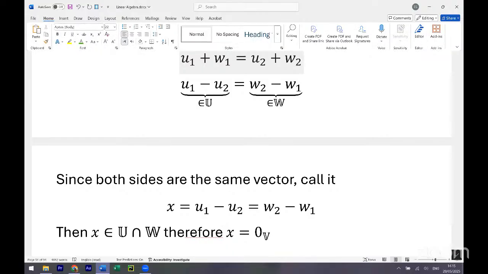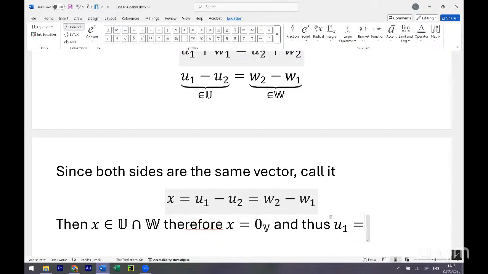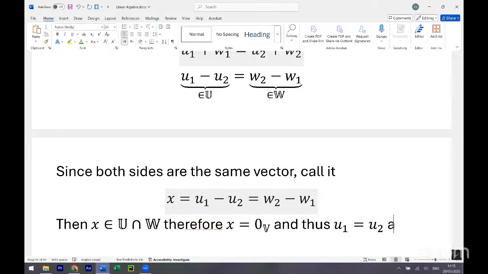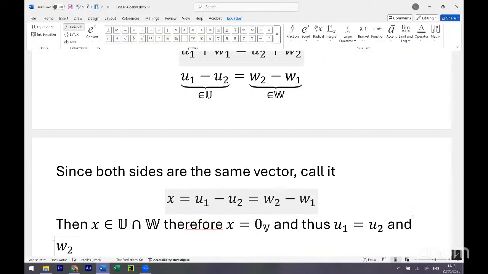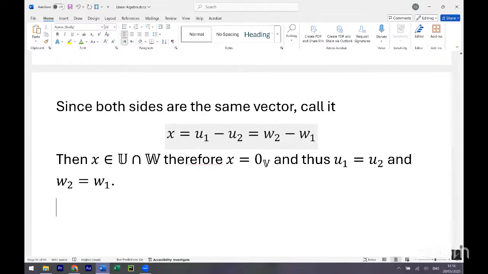And what does it mean when it's the 0 vector? They're equal. And thus U1 equals U2 and W2 equals W1, just as we demanded. Okay.